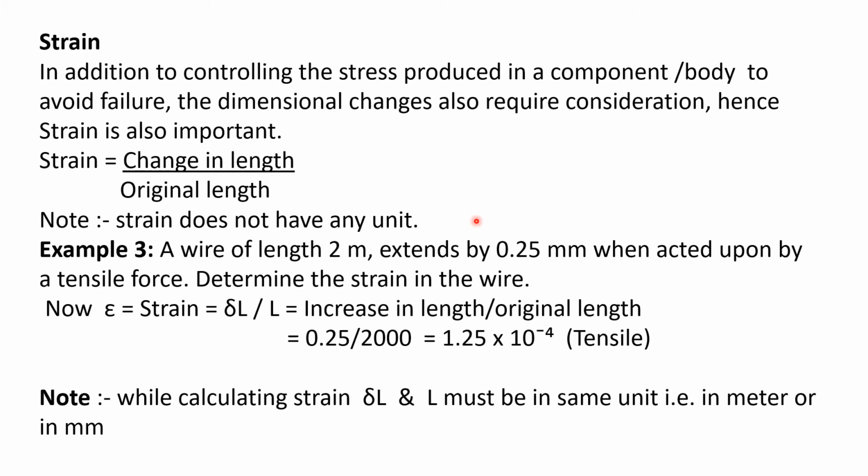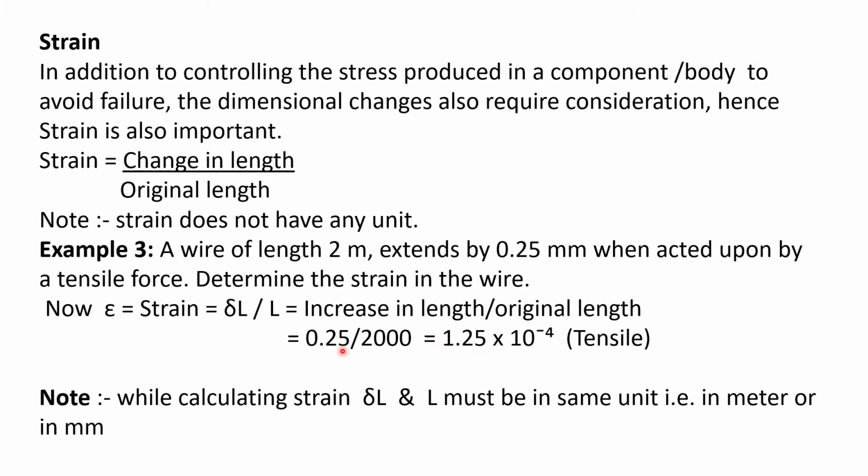Now, how do we calculate the strain? Suppose a wire of 2 meter length extends by 0.25 mm when acted upon by a tensile force, and we determine the strain in the wire. So the strain is delta L upon L. The extension of 0.25 mm is the increase in length. So increase in length upon original length, this is 0.25. Now the 0.25 is in mm, so this 2 meter must be converted into mm, that becomes 2000.